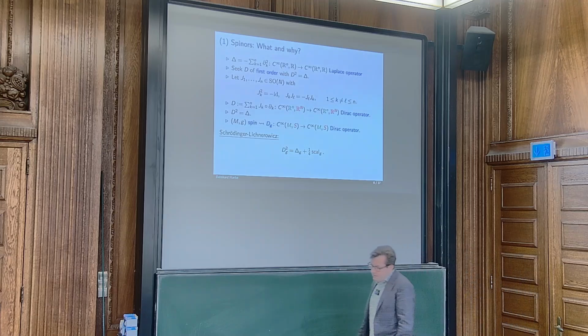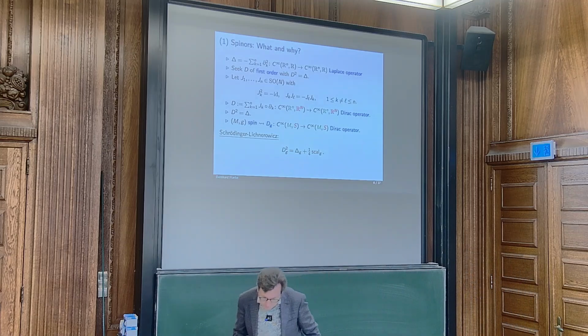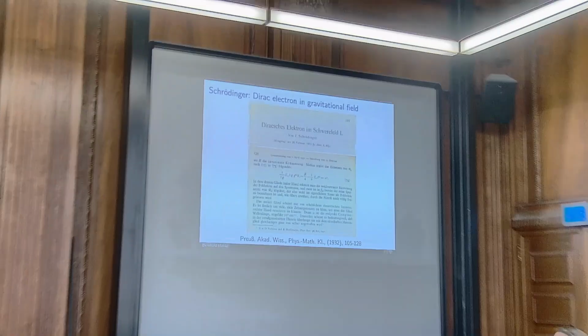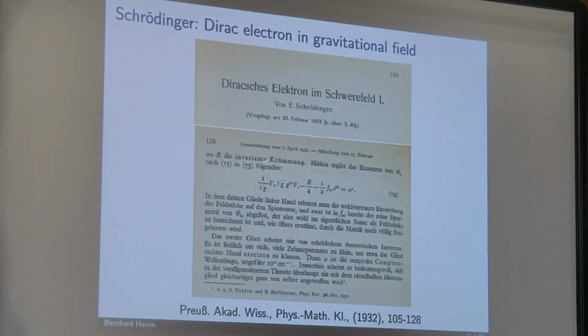And now let's make a small historic excursion, namely, where did this equation appear first? This is a paper from 1932 called the Dirac electron and gravitational field, and Schrödinger writes down exactly the same formula. We have a different sign here, which is due to sign conventions that are a little different.